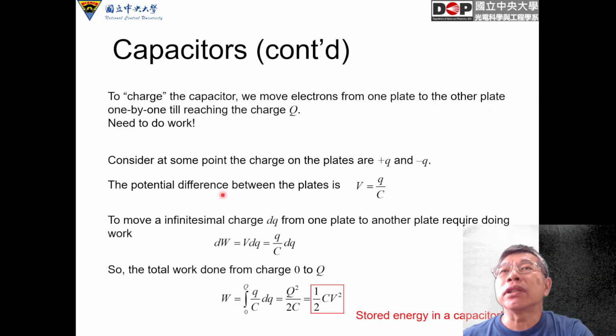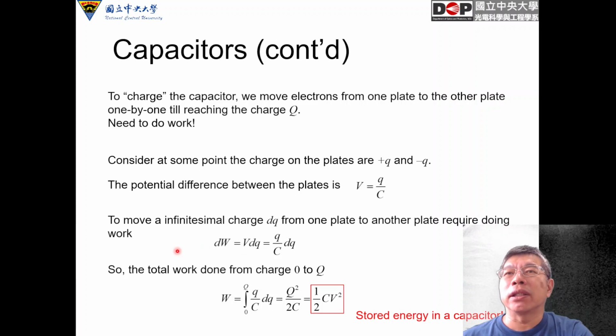The potential difference between the plates is, by definition, q over C. To move an infinitesimal charge dq from one plate to the other requires doing work. The work done is the potential times dq, so we just rewrite the potential in terms of the charge.